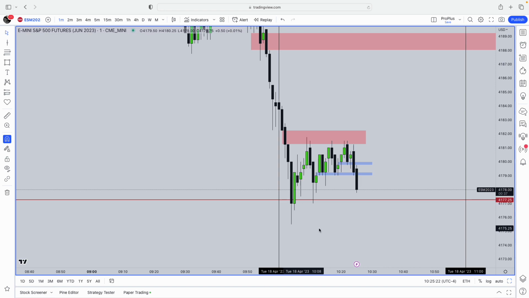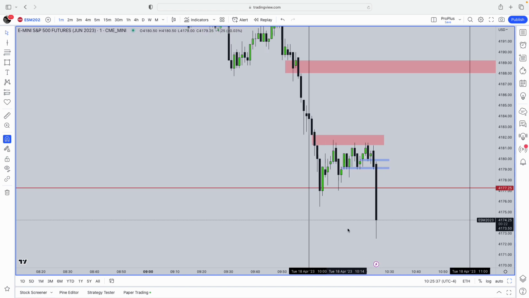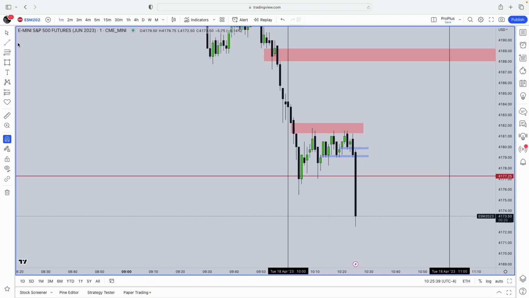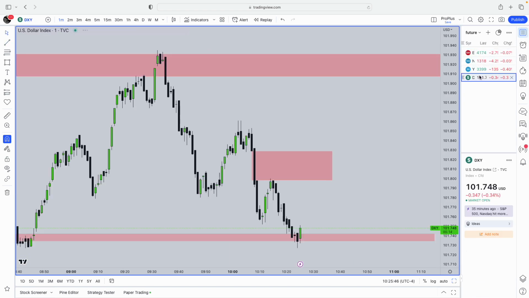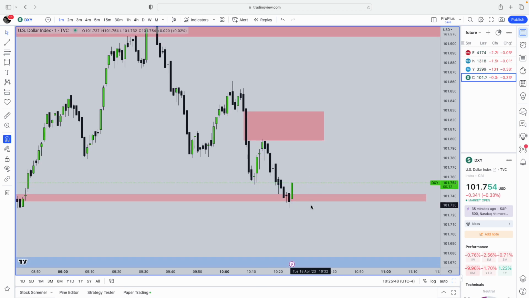Sell side could be swept here. Sell side's been swept. I literally looked at my phone and just seen the sell side get swept again. What's the dollar saying? Dollar's pushing up from this area here.